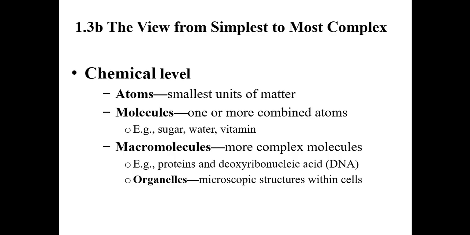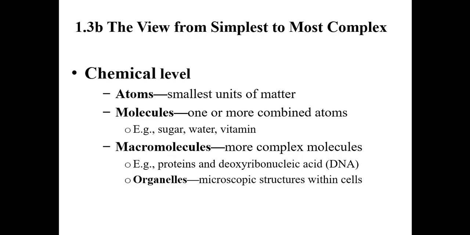Okay, so this is another important slide to show you that we have different levels even among the chemical. So we have the atoms, which are the smallest unit of matter. So chemical level, atoms being the smallest unit of matter. Then if I take many, many atoms together, put them together in a special, unique way, I get molecules.